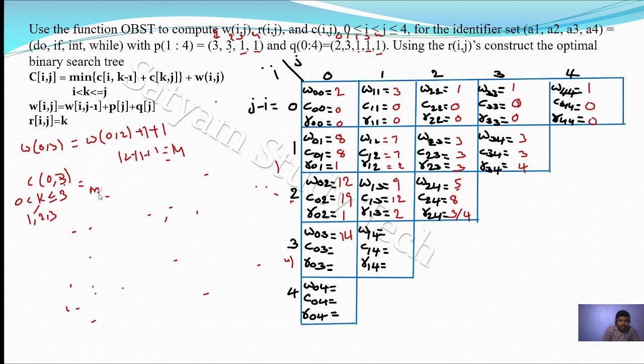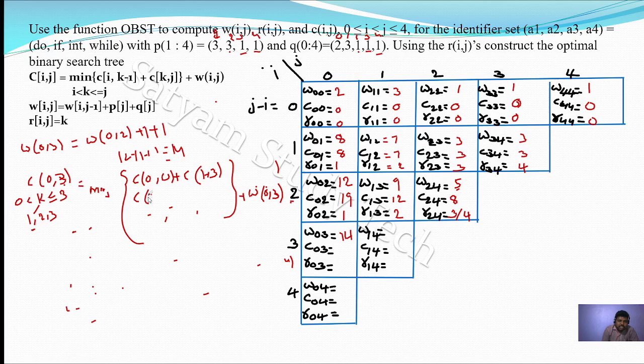So here the minimum of, here I consider the first k value is 1. So C of I 0, k value is 1 minus 1, that is 0, plus C of kj 1 3, plus W of ij, that is W of 0 comma 3.